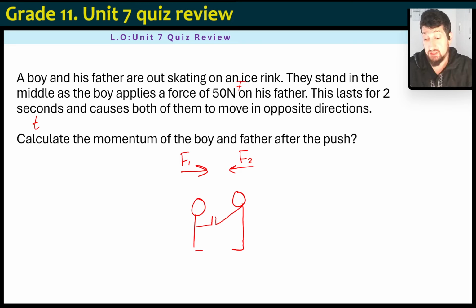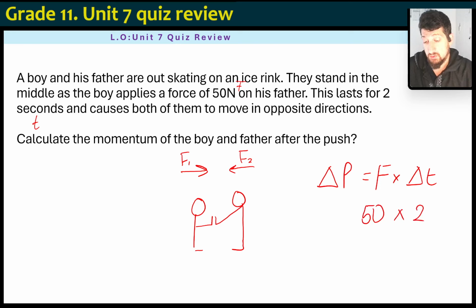Change in momentum is equal to the final momentum, which is going to equal, change in momentum is equal to force multiplied by change in time. Do we have the force? Yes, we do. 50 newtons. Do we have the time? Of course we do. We have 2 seconds. So the change in momentum is equal to 100 kilograms meters per second, or in this case 100 newton seconds.